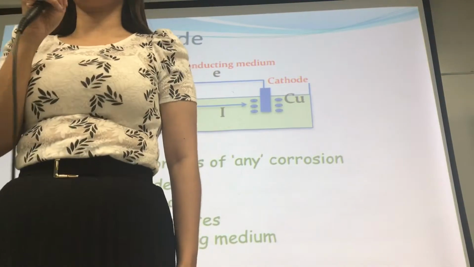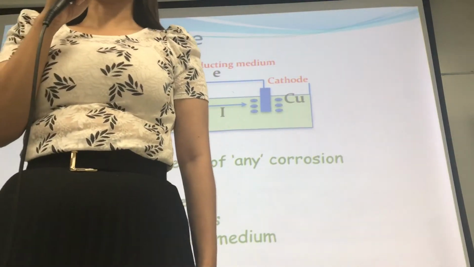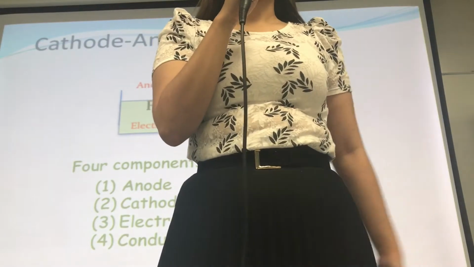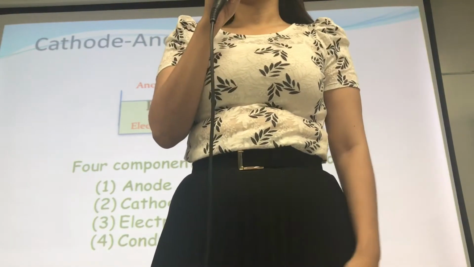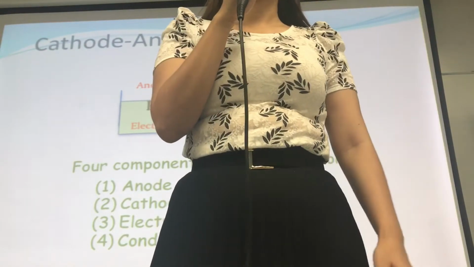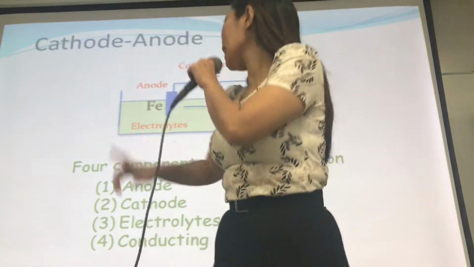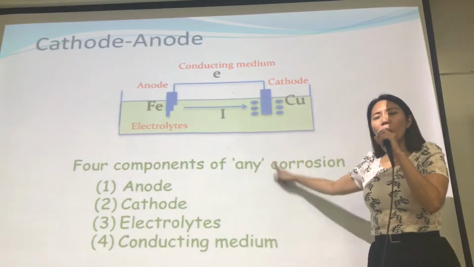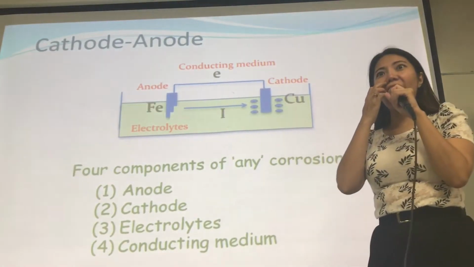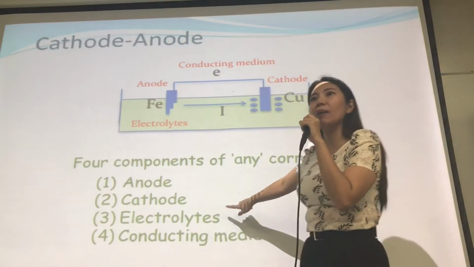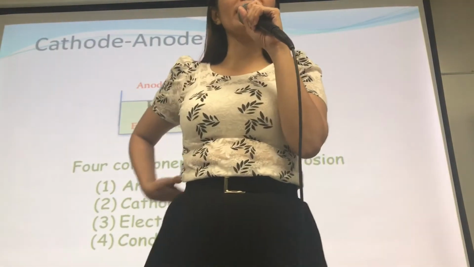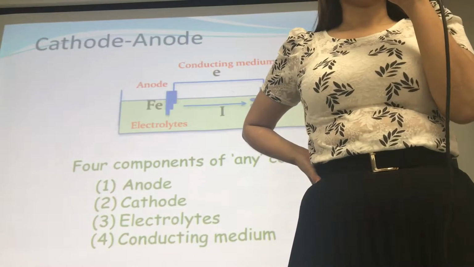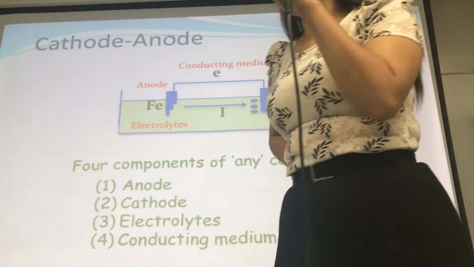So let's get back to why there is no rust when I make sure it's dry and paint over it. Why? If you take a look here, when rust occurs, there must be some kind of electrolyte. What kind of electrolyte? Actually, it's just moisture.